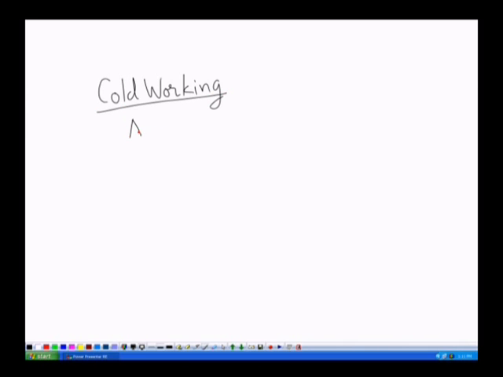Now, what are the advantages? First one, it has better accuracy. Whatever the shape is there, we have deformed, it will regain it. Second one, we are considering better surface finish.